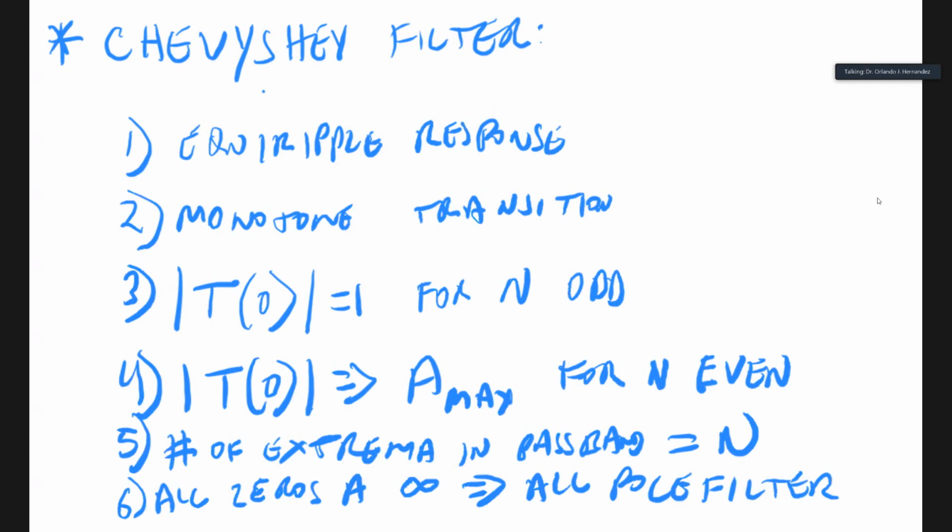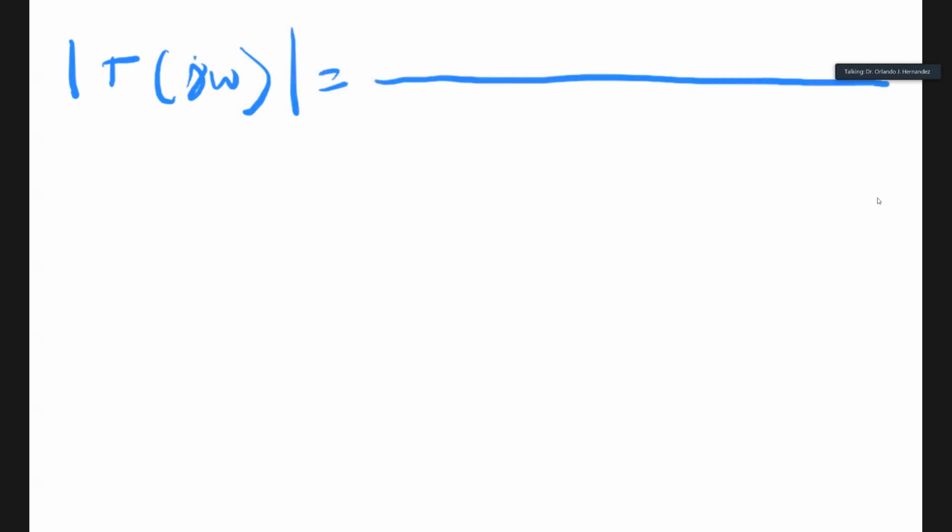So if we utilize the Chebyshev polynomials and take the magnitude of that after substituting s with j omega to get the frequency response, we'll find that the frequency response of this type of filter is best described by this equation.